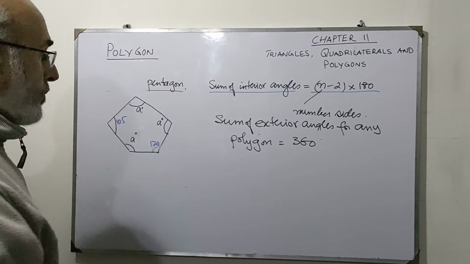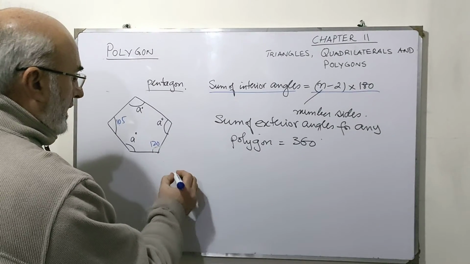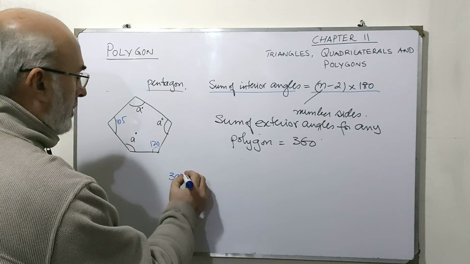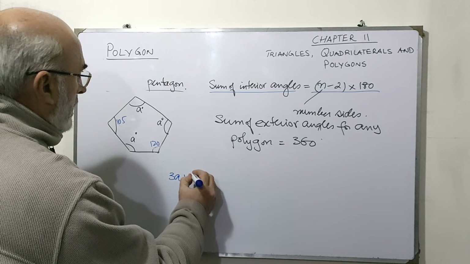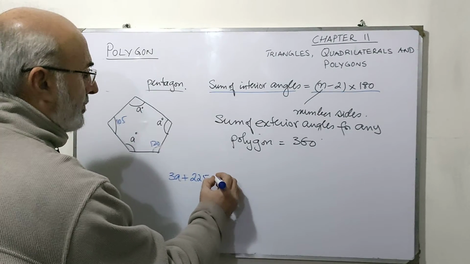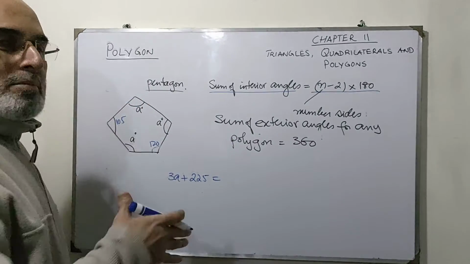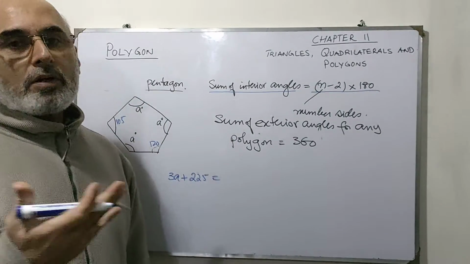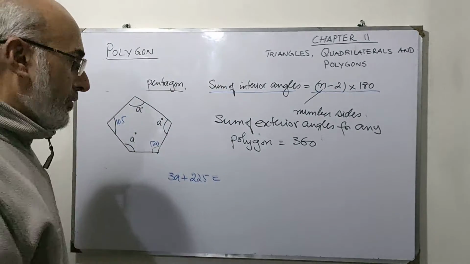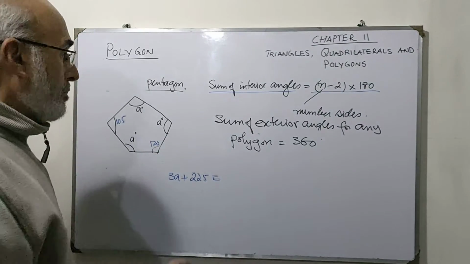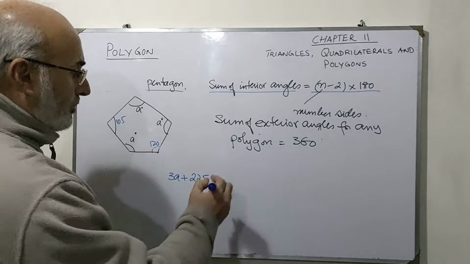Okay. Now what am I going to do? So it is 3A plus 225 is equal to the sum of interior angles, because there are 5 sides, it's going to be 540. It's going to remain the same, but it's not a regular polygon then.